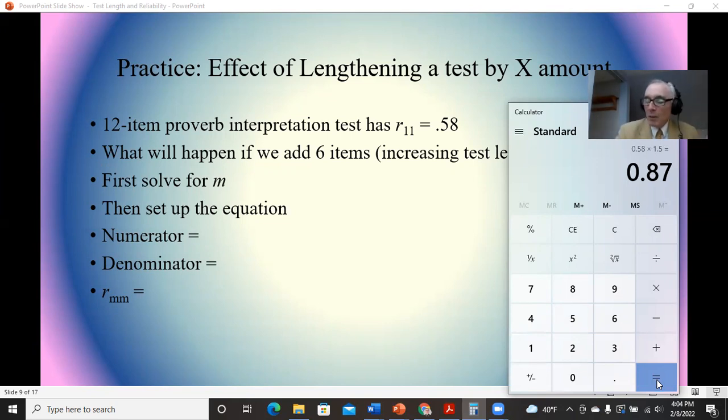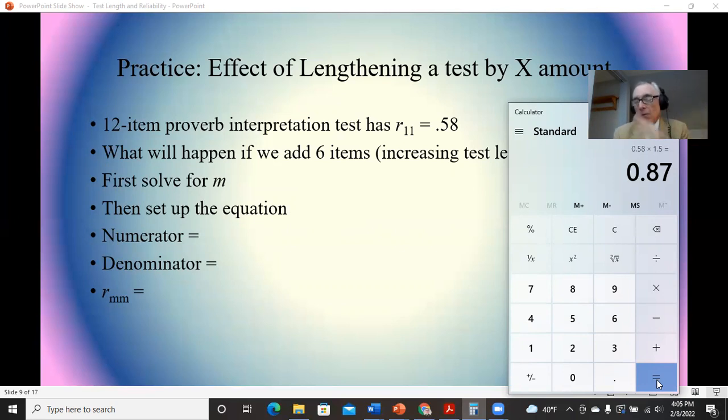Going a little faster perhaps than I should for those of you working this out yourselves. But the denominator does take a little longer, right? So in the denominator, it's going to be 1 plus, and then you've got the 1.5 minus 1, and all that stuff going on. If you remember your order of operations, you do the parentheses first.